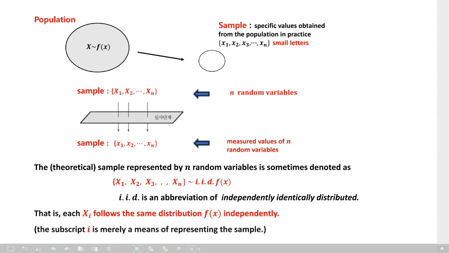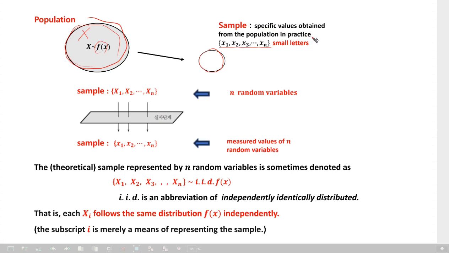Let's see briefly a diagram. There is a population. We can denote the population by random variable X, which follows a certain probability distribution function. So we take a sample from this population, small letters x1, x2, xn, specific realized values obtained from the population in practice. I repeat it.